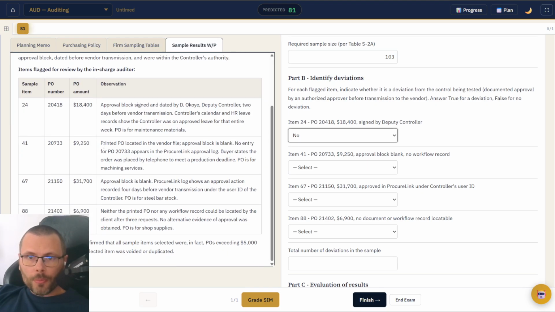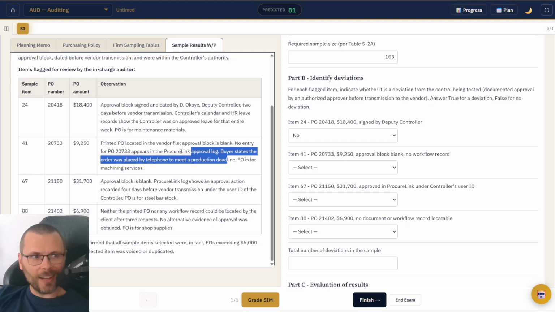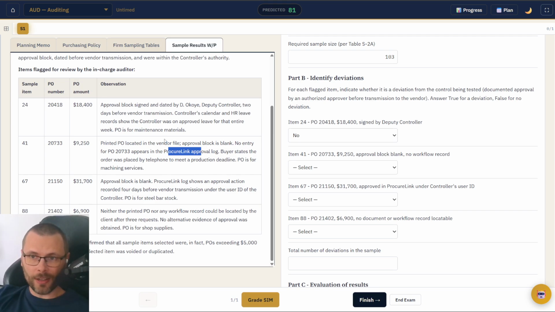Number 41, printed PO located in the vendor file. Approval block is blank, so there's no signature. No entry for the PO appears in the Procure Link approval log. Buyer states that the order was placed by telephone to meet the production deadline. We don't care about somebody's production deadline. There was no Procure Link approval, and there was no wet ink signature on the PO itself.